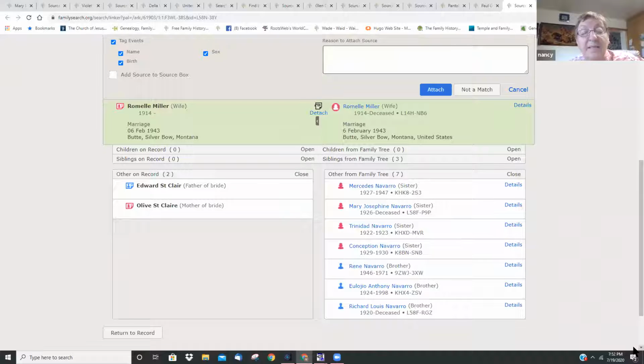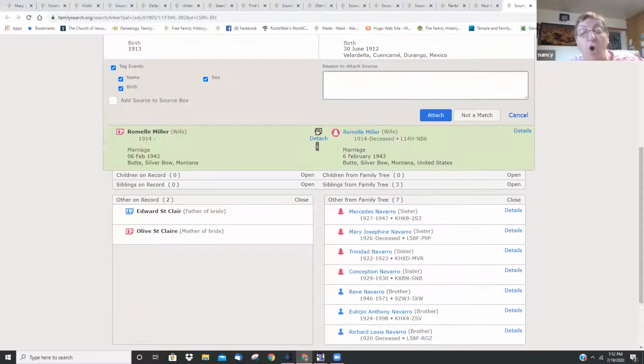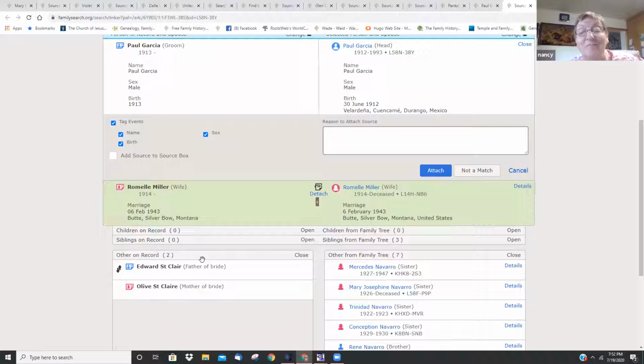But it lists who his in-laws are. It tells us that his wife is Romel Miller, and that his in-laws are Edward St. Clair and Olive St. Clair. Now, are Edward St. Clair and Olive St. Clair already in Family Search?